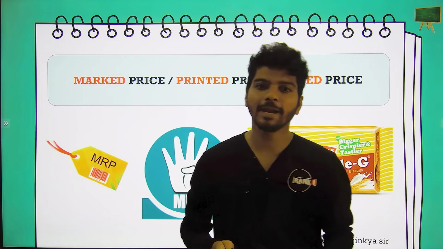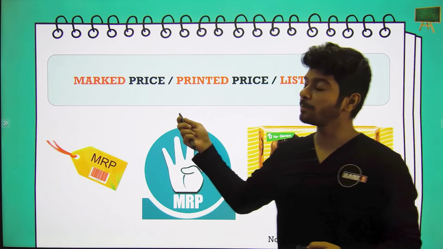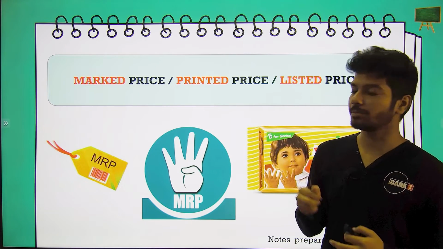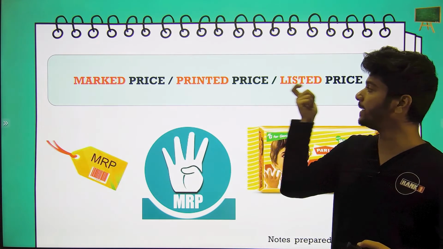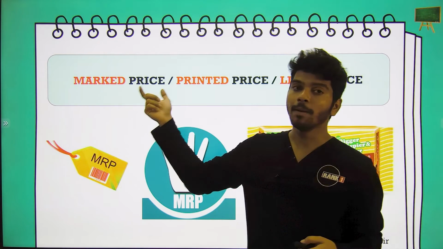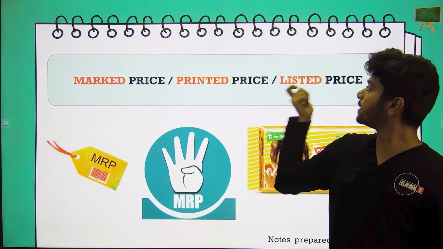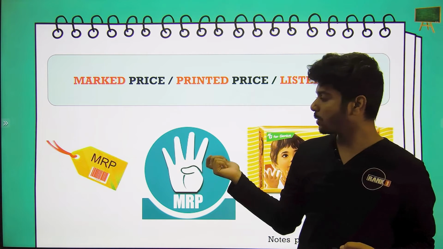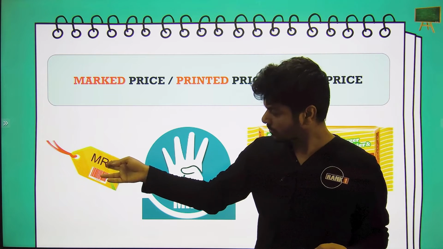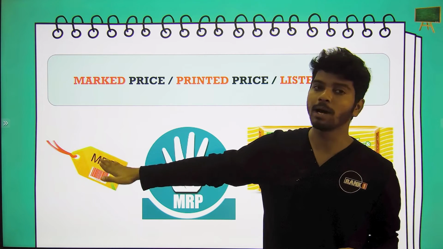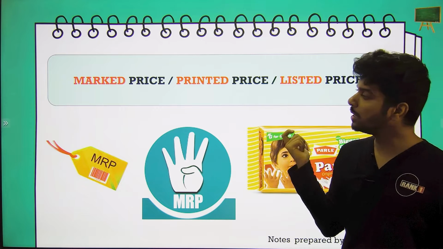Okay, so let's try to understand what is marked price, printed price, or listed price. See, these three terms mean exactly the same. Marked price is nothing but your MRP, which is printed on the product.